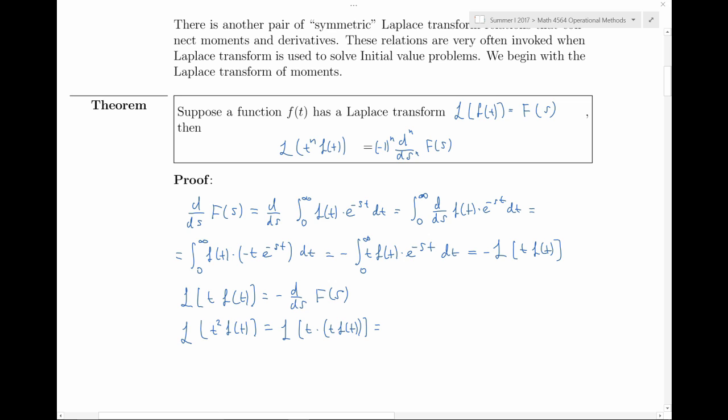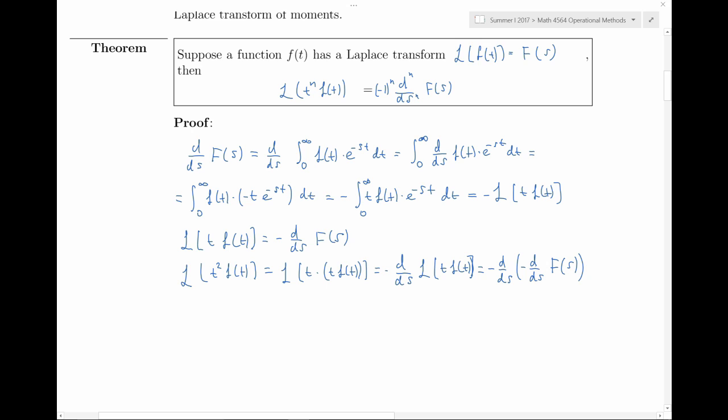So that's going to be minus the derivative of the Laplace transform of t f of t, which in its own right is minus the derivative of the Laplace transform of f.